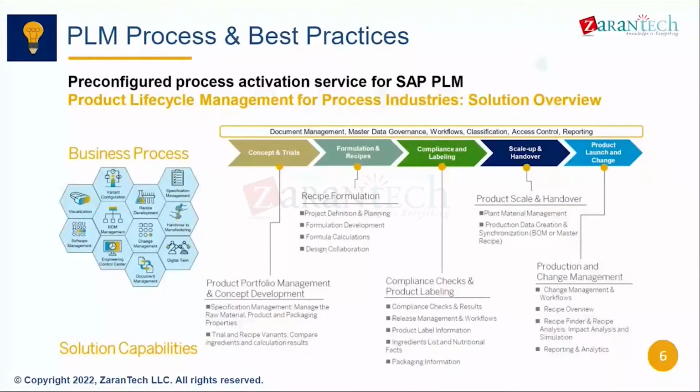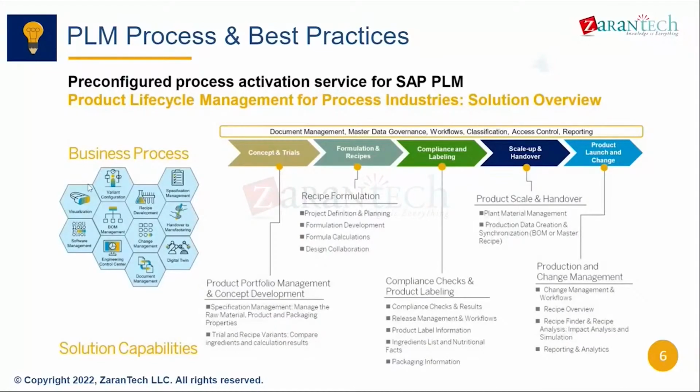If we are going to work on a client who is looking for a PLM solution for process industry, then we have to identify this license and have it configured in the system, so that all these components of PLM for process industry come into the picture. So it should be available.